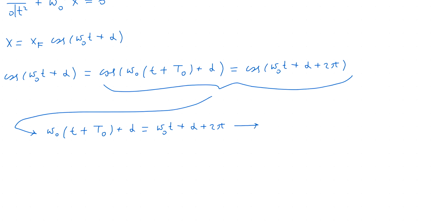So we can write that omega 0 t plus omega 0 multiplied by the period of small undamped oscillations is equal to omega 0 t plus double pi.